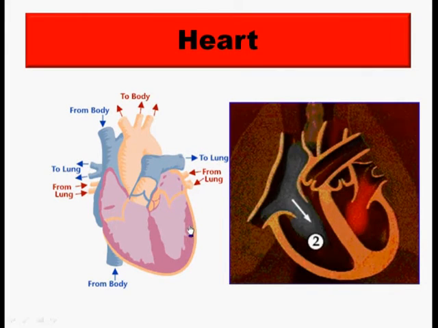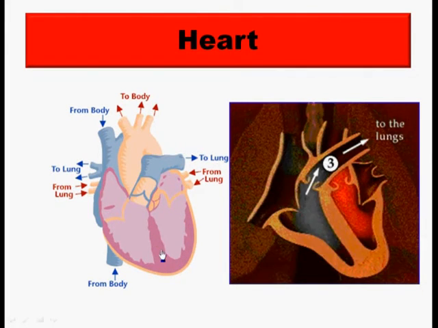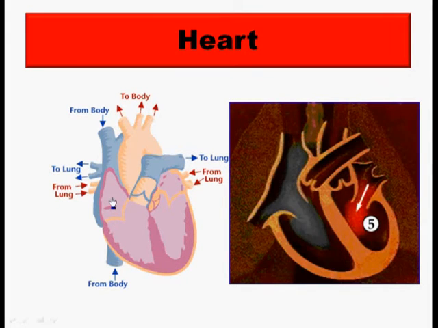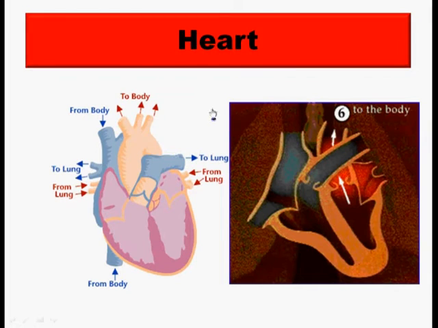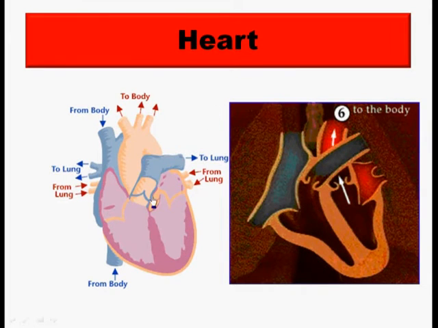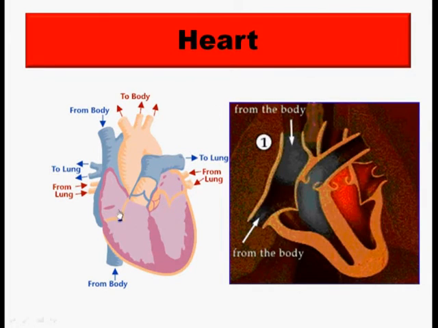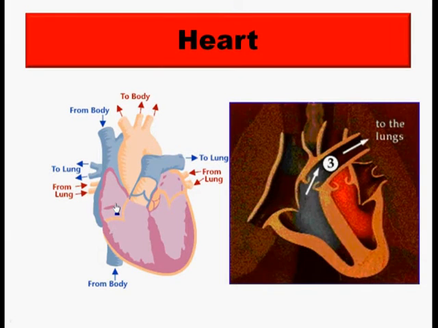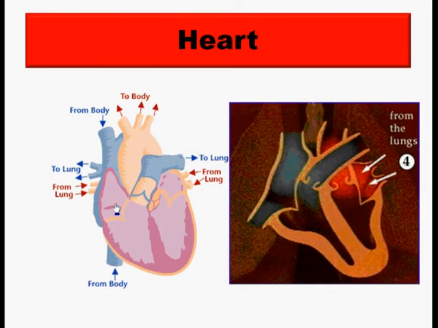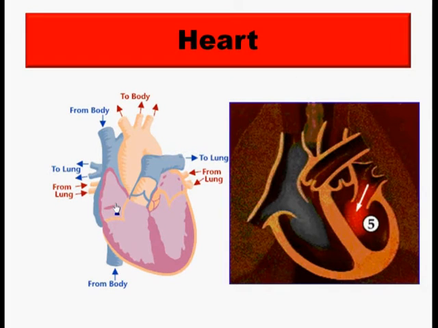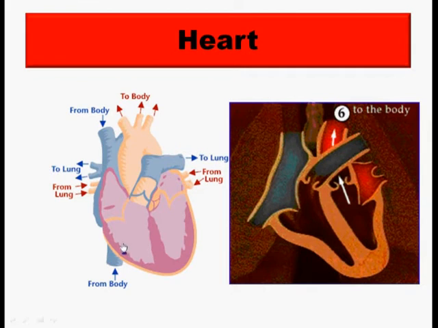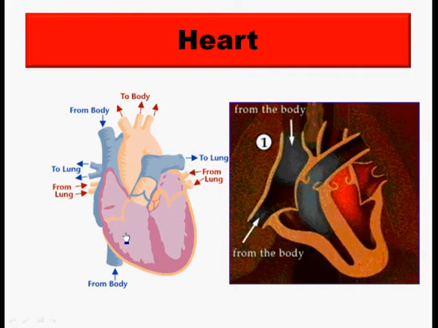But before I go any further, you need to recognize that the heart itself has four chambers. You have the left and right atrium, or auricle. You have different names, but most times textbooks call it atrium, left and right atrium. And then you have the left and you have the right what?